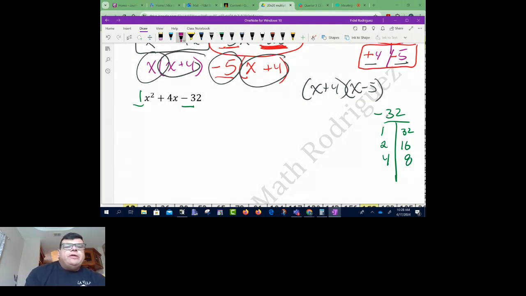Okay, y'all, the number in front of my x is a positive 4. I want to see if I can get a positive 4 out of any of these numbers. Y'all, right here, look. Since we're trying to get a negative 32, if we make that a negative 4 and a positive 8, there's my negative 32. And if I owe you $4 and I have 8, I'm still left with the 4 that I have over there.